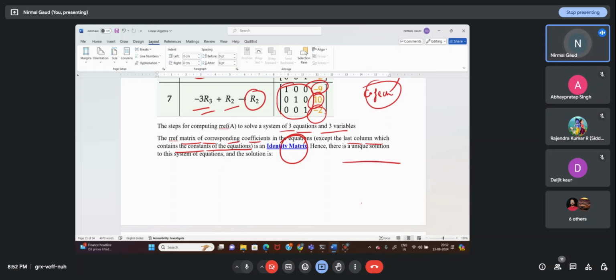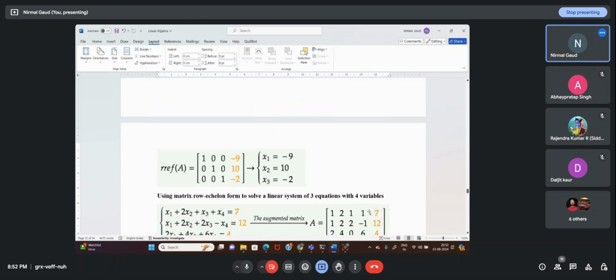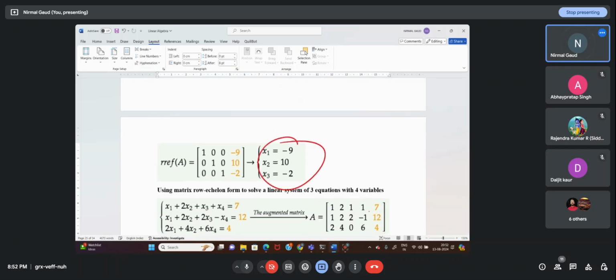Hence, there is a unique solution of the system of equations, and the solution is this. At the end, when you solve the system of equations and convert them into reduced row echelon form, the end is the identity only, and these are the answers for the identity.